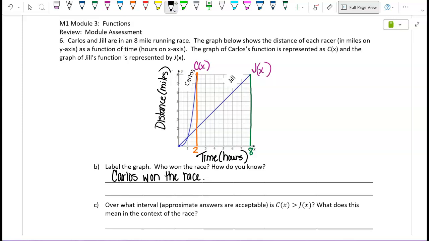So Carlos finished the 8 miles in 2 hours, while it took Jill 8 hours to complete.